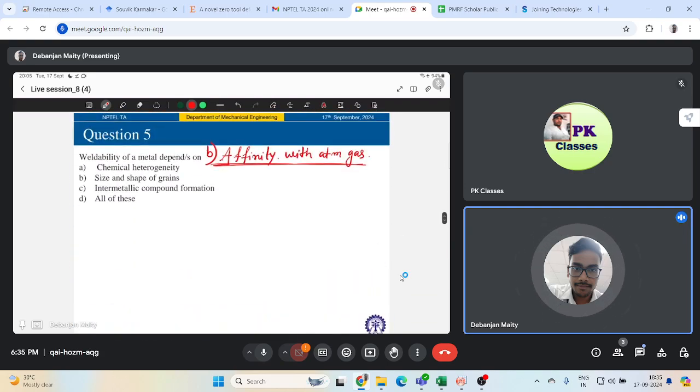Now, in terms of affinity of weld metal with atmospheric gases, can you tell me about metals like, let's say, aluminum I was talking about, how is the affinity with gases like oxygen, nitrogen? I have already mentioned it.